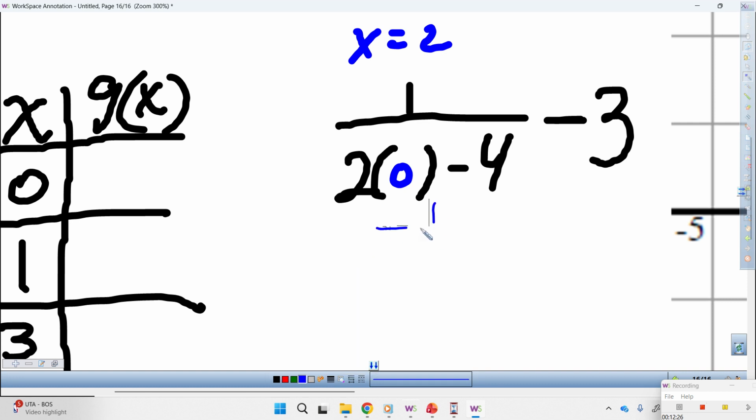So we got 1 over 2 times 0 is 0, and that leaves us with what? Negative 4 minus 3. So what is negative 3 minus 1/4? That's negative 3 and 1/4, and negative 3.25.